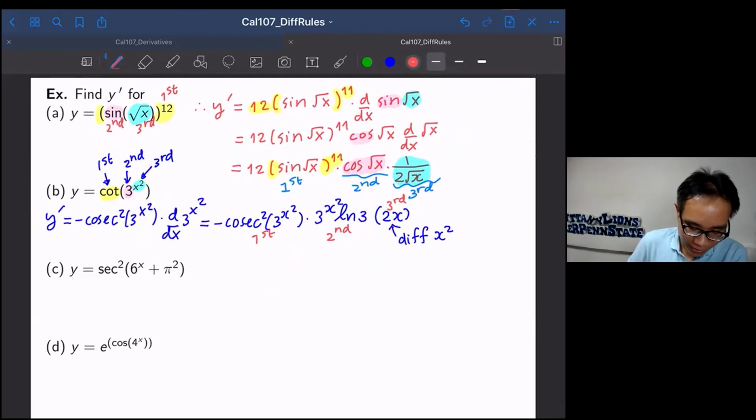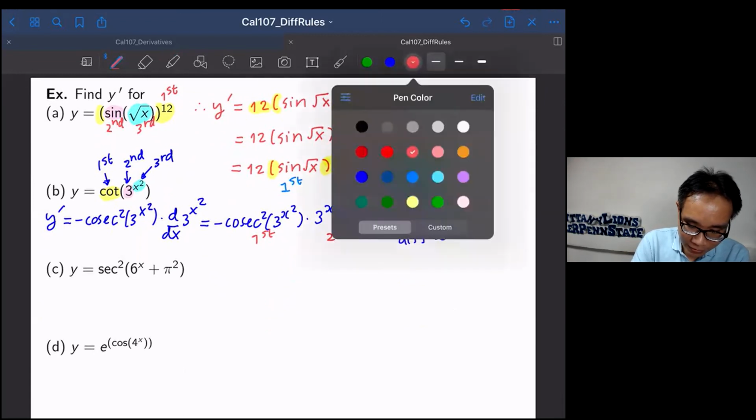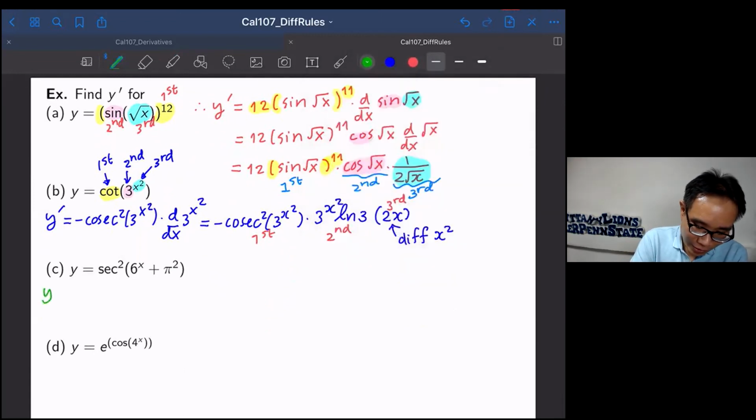Okay, I believe that. The next one, you have y equal to sec square. Okay, so you see that the first function in this case is going to be the square function. Okay, so the square will be outside. Why is it not secant?